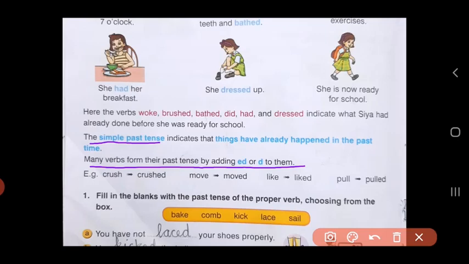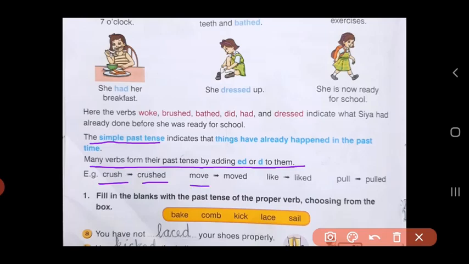Let's see some examples. Crush. Crush is an action verb. If I have to convert this to past tense, I add ed. So my past tense becomes crushed. Move.